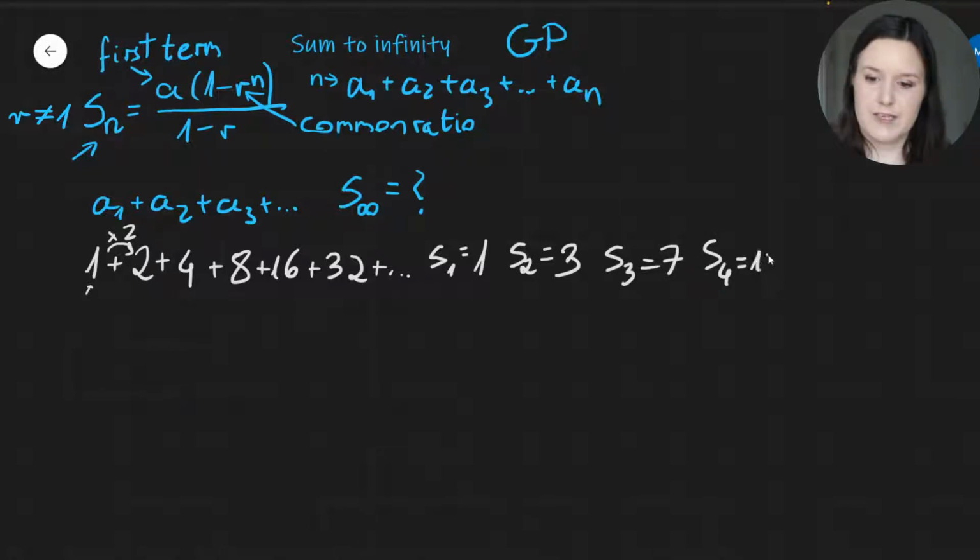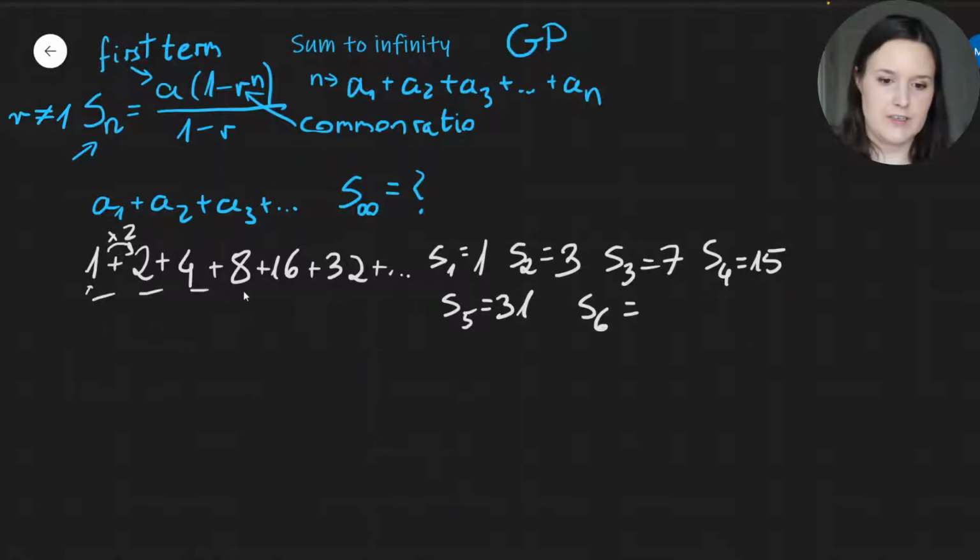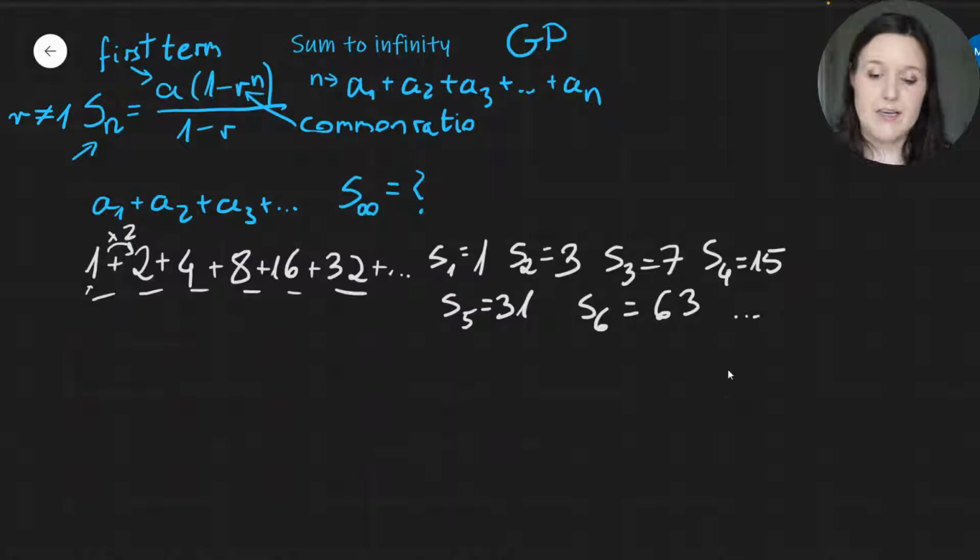S4 is 15, for S5 I add 16 to that, and S6 is the sum of the first 6 terms, which is 63, and so on and so on. The next term will be even bigger, as the 7th term is 64, I add that, and my sum gets bigger. Yeah, and well, this series is divergent.